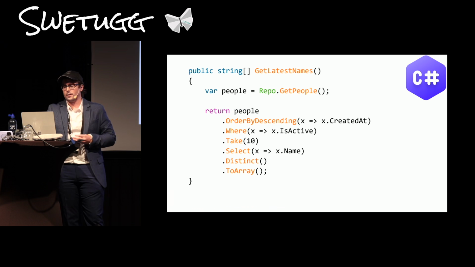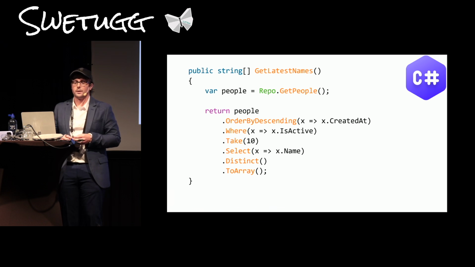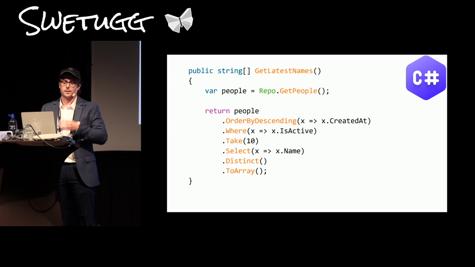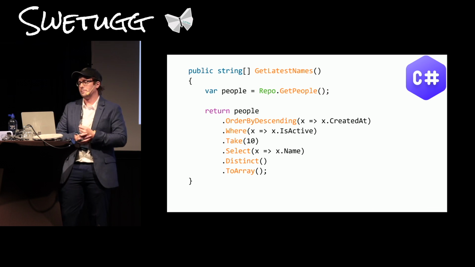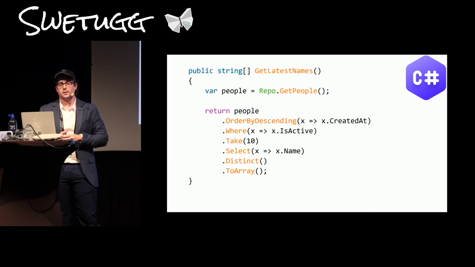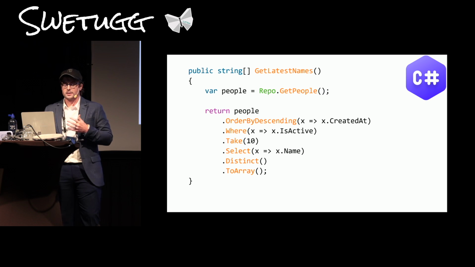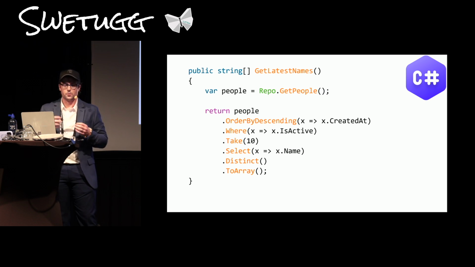So if we have a LINQ example here, just very easy. We want to get the latest names of all the people entities in our database. We first find the repository for people, and then we order by descending. We want the latest ones. We filter on the where over here. We want only the active users.